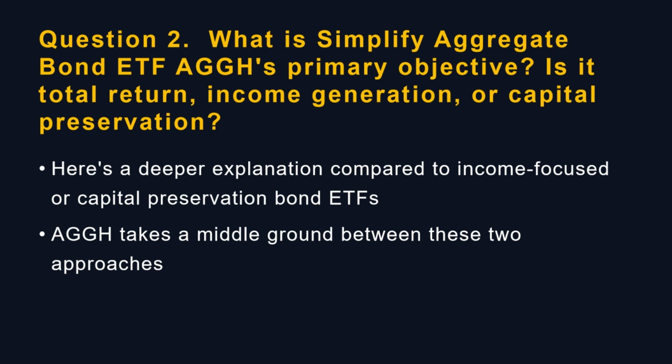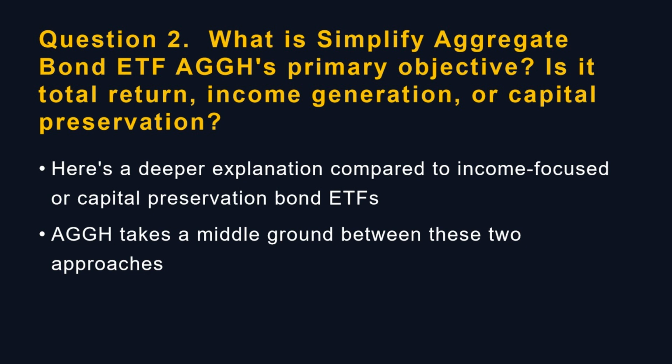Core investment-grade exposure. The foundation of AGGH lies in investment-grade bonds. These are generally considered safer and offer some level of regular income. Active management and credit hedge strategies. On top of the core bond holding, AGGH actively manages the portfolio to potentially enhance returns.